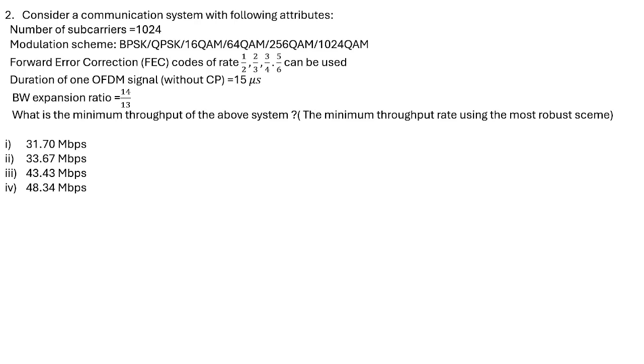Remember one important thing: when you move to a higher modulation scheme, from BPSK to QPSK, QPSK to 16 QAM, 16 QAM to 256 QAM, and so on, the number of bits per symbol you can transmit increases. So on a higher level, without getting into technical details, you can transmit more bits per symbol. Therefore your achievable throughput is going to be high, and that is true only.